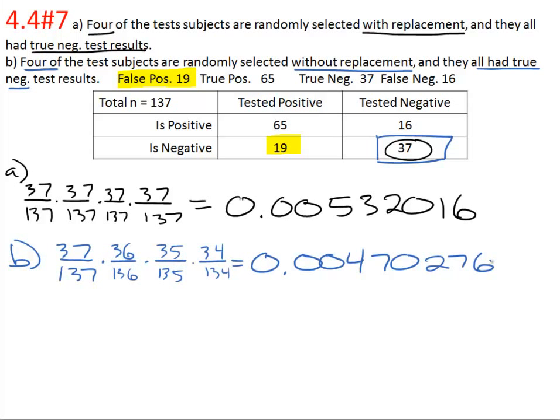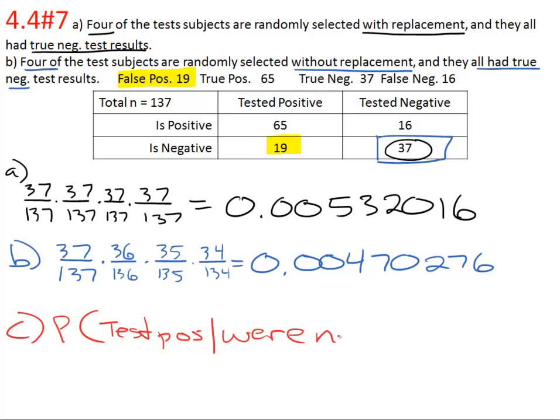Let's look at one extra bonus example. I know it's not part of this question, but a typical question would be, we'll call this part C, what's the probability of choosing someone who tested positive, given, that's what the vertical line means, given they were negative.